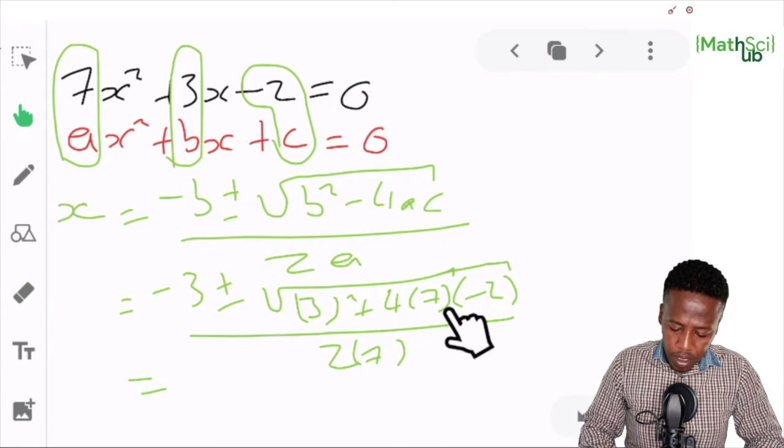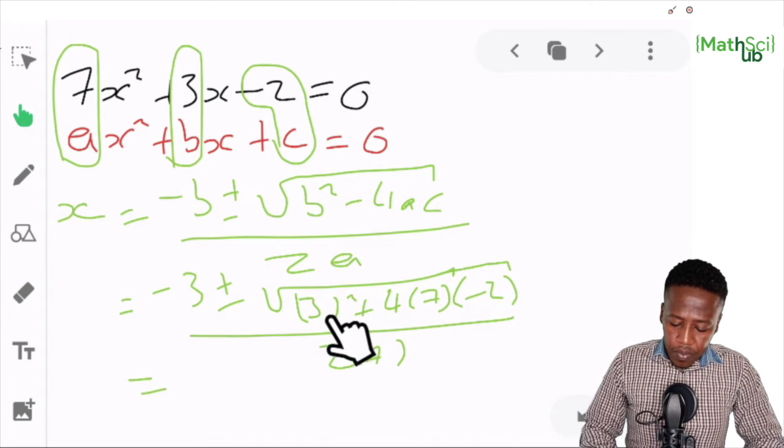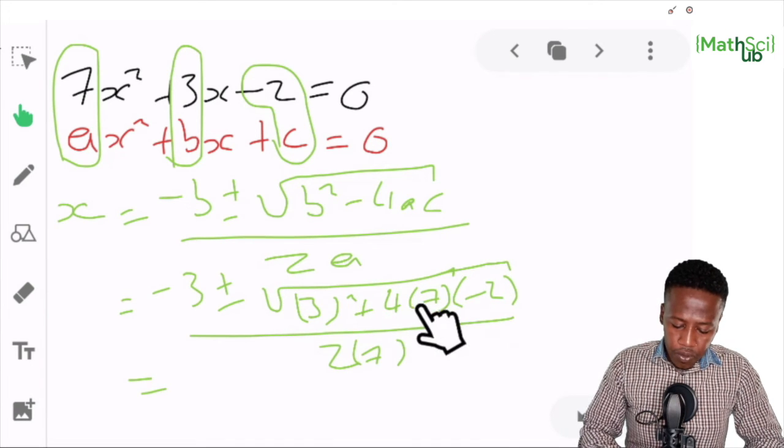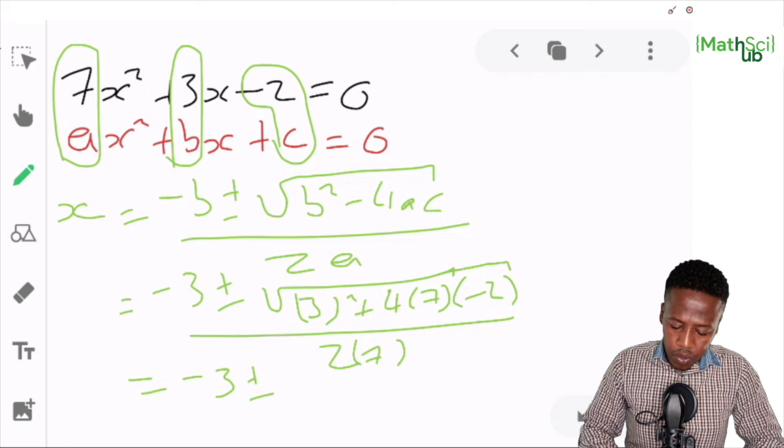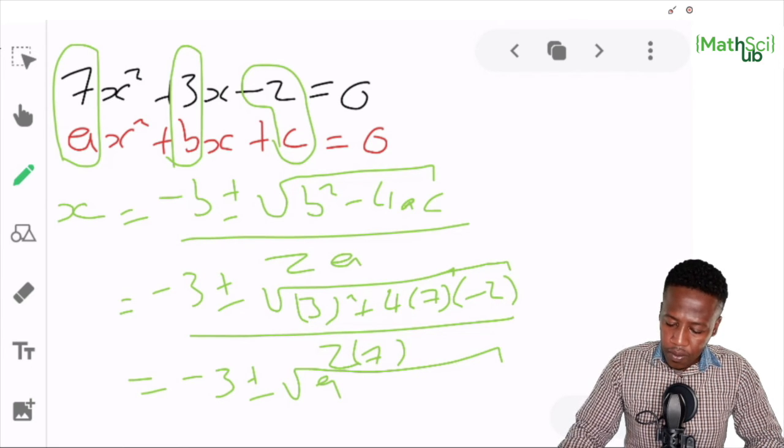Let's add and minus what we have in our root, which is minus 3 plus or minus the square root of 3 squared. Let me rewrite the square root again. 3 squared, we have 9, and then we have 4 times 7 times 2, which is 56.